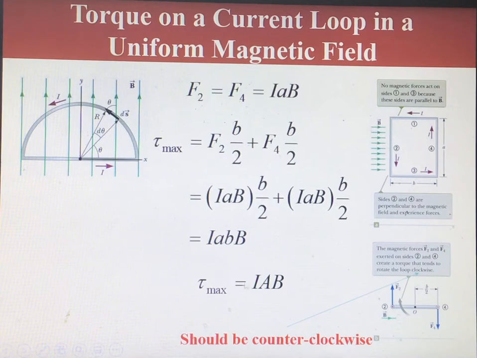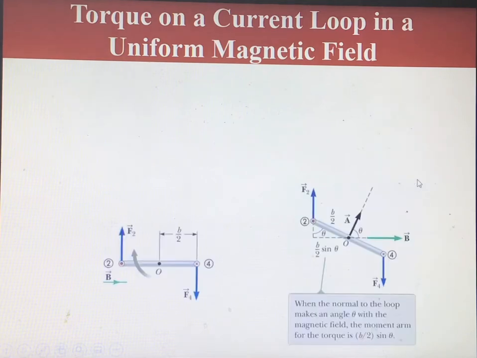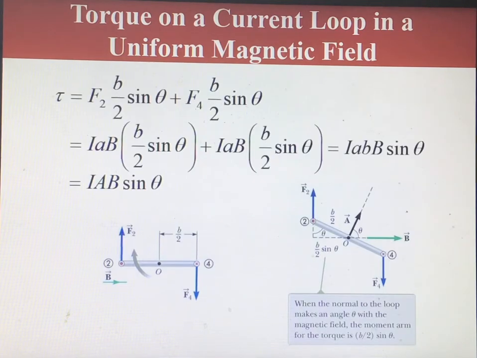So this will be the maximum torque that is acting on this loop of wire. All right. So this is the example when you have the maximum torque.